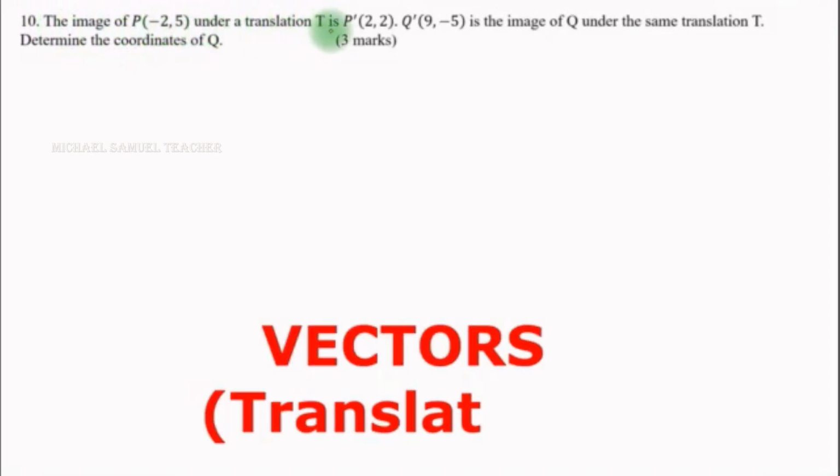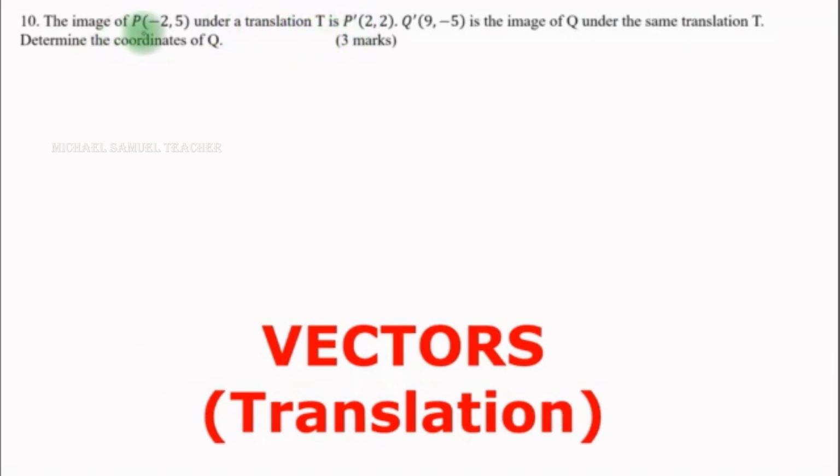So question 10: the image of P, which is (-2, 5), under translation T is P prime, which is (2, 2), and Q prime is (9, -5), the image of Q under the same translation T. Determine the coordinates of Q. So in this situation, you have been given the image of P under translation T is P prime.